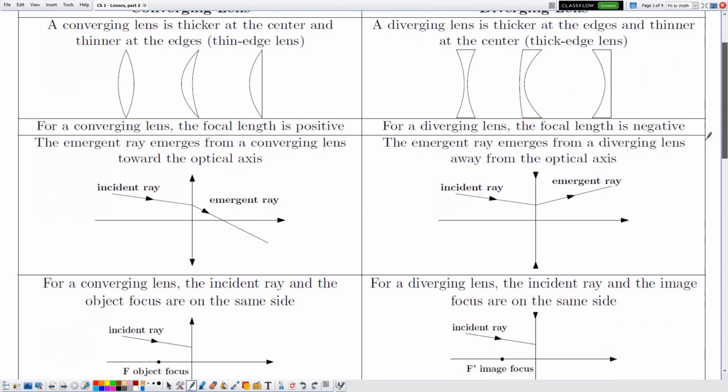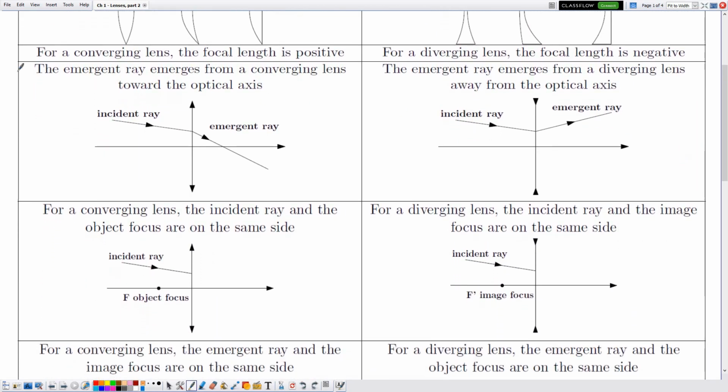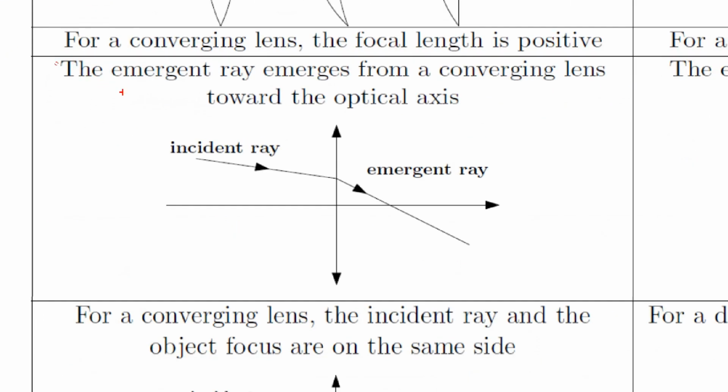Now the third property is that the emergent ray emerges from a converging lens toward the optical axis. First of all, we call this ray the incident ray because it's hitting the lens, and we call this ray the emergent ray because it's coming out from the lens. Notice that here the emergent ray emerges toward the optical axis and not away.